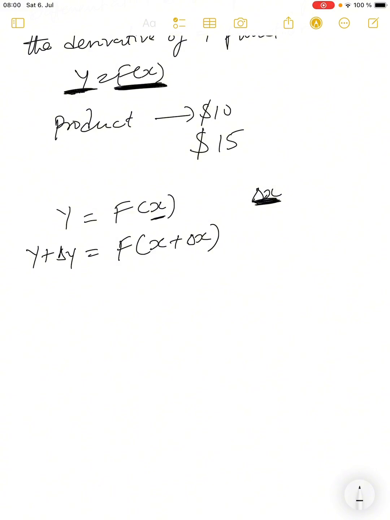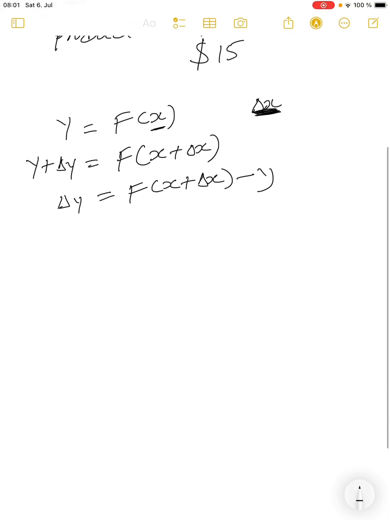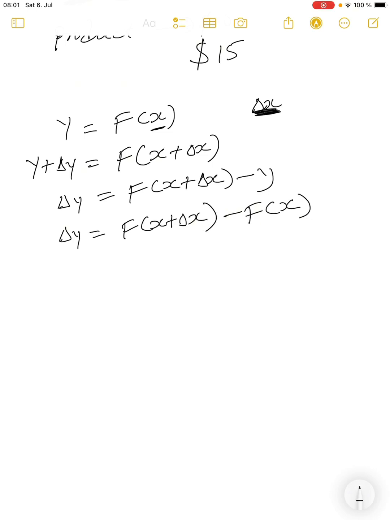So if we make delta y the subject of the formula, we have f of x plus delta x minus y. So delta y is equal to f of x plus delta x minus f of x, because our y is also f of x.